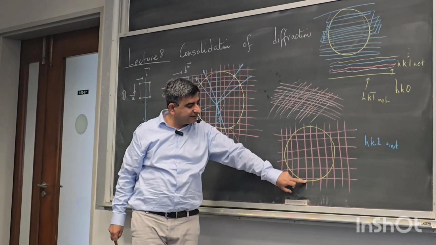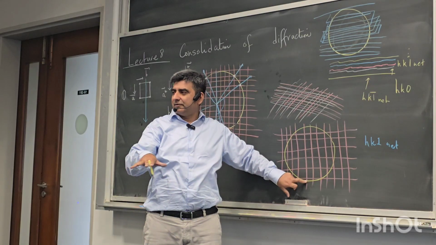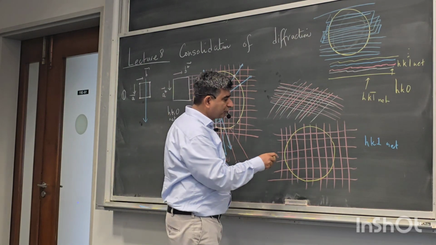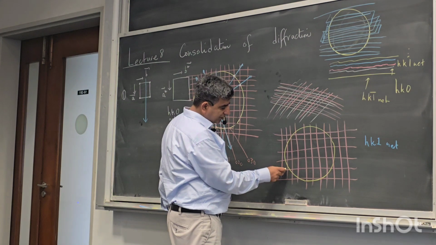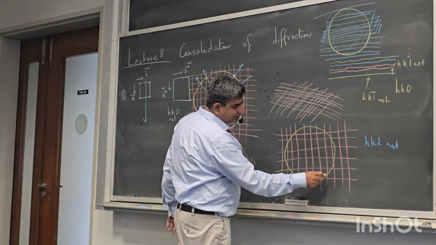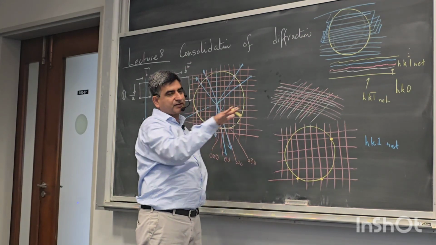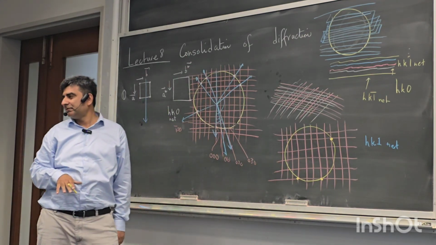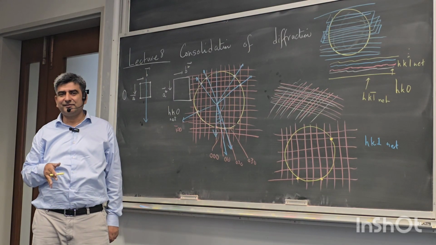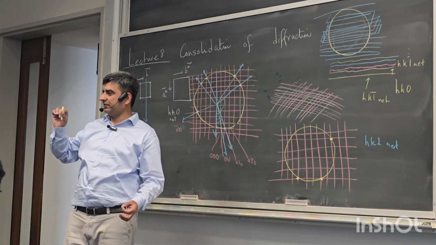But here the exit point does not correspond with an X-ray because this point is slightly above the HK0 net. But still there could be some points of intersection between the Ewald circle in this plane and the reciprocal lattice points, and X-rays will be scattered along those directions.